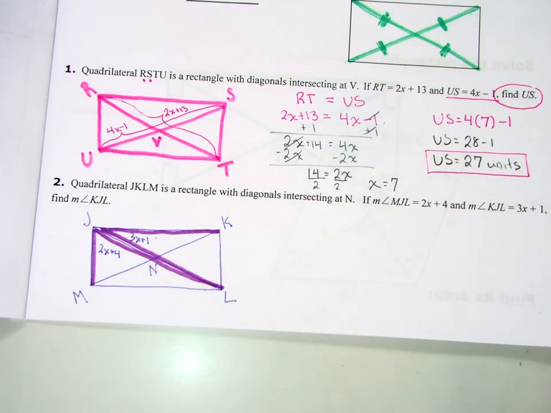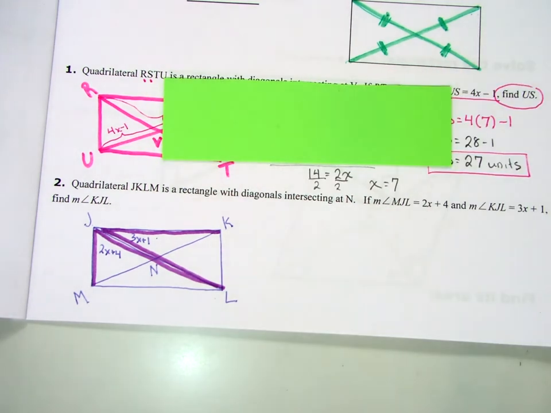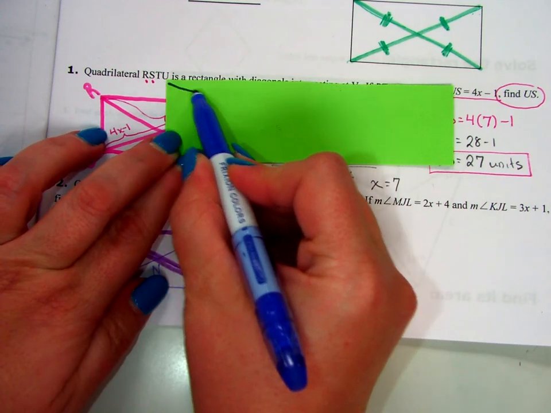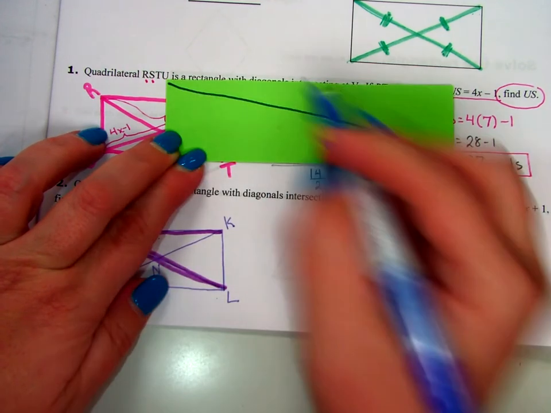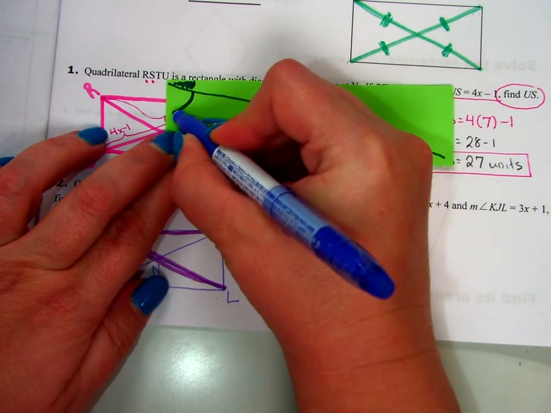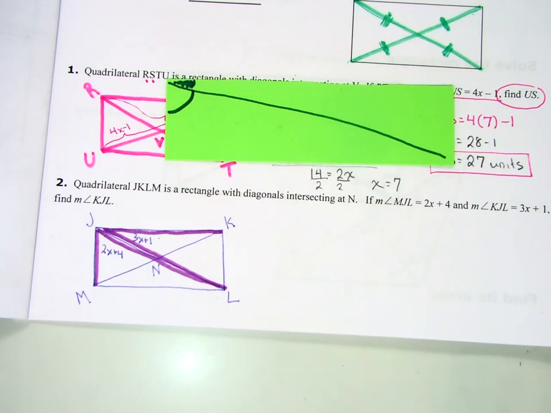Set them equal to each other because diagonals bisect the angles, right? Diagonals bisect the angles? Yes? So if I have this rectangle right here, and I draw in the diagonal, these two angles are both 45 degrees?